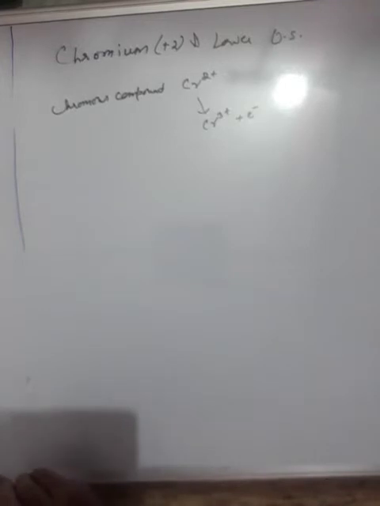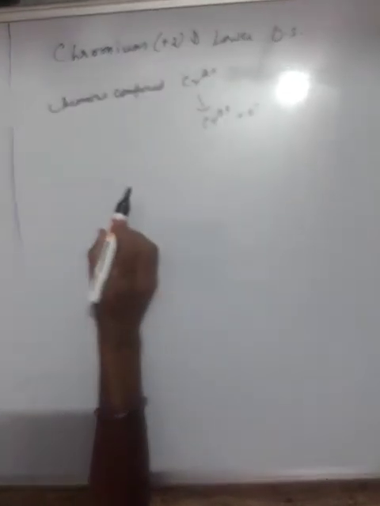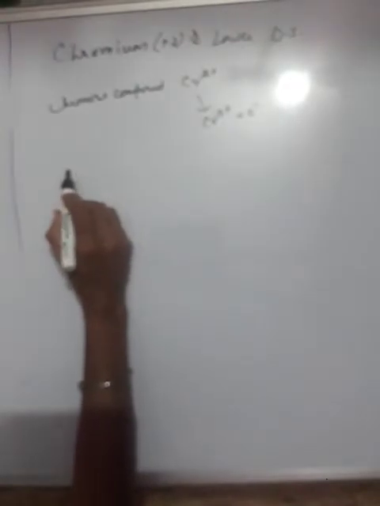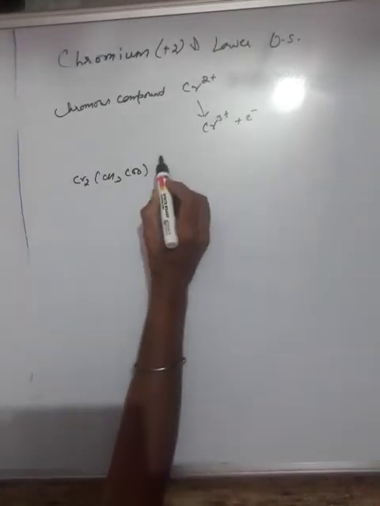For example, the most common plus 2 compound of chromium is the hydrated acetate of chromium.